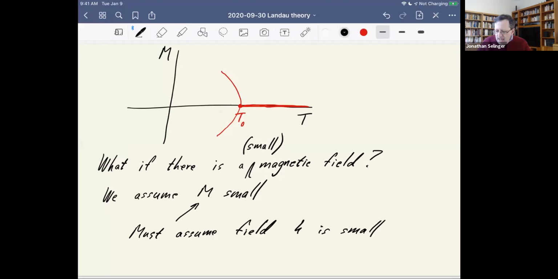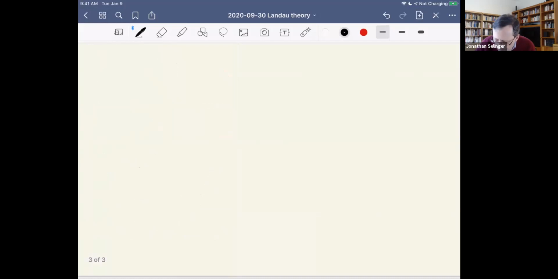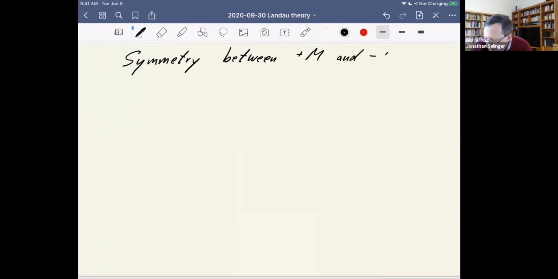That's where we might hope to get some prediction out of Landau theory. In that case, we would say that the symmetry between plus m and minus m is broken by the field. That is, we can no longer assume that the free energy has only even terms. It might have odd terms.